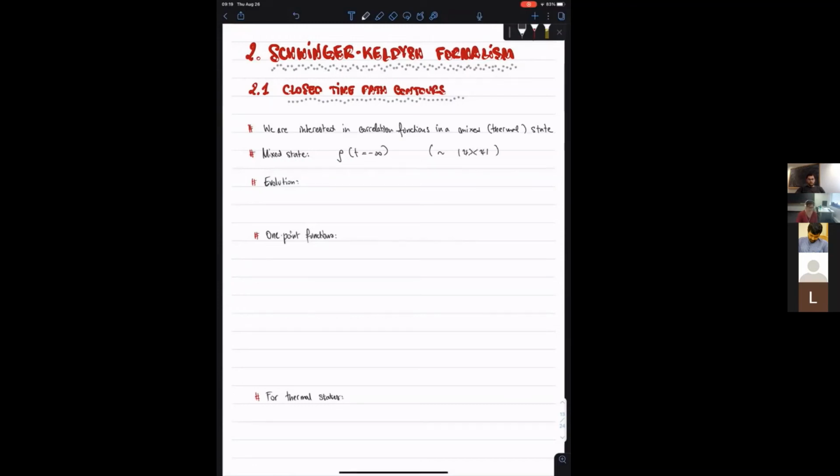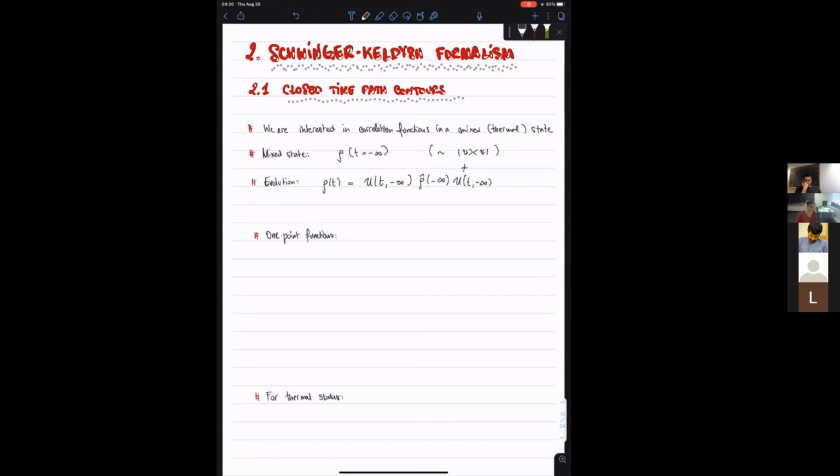So the state at time t will be given by an evolution of the state and an anti-evolution. There is a U and U dagger acting on the density matrix.